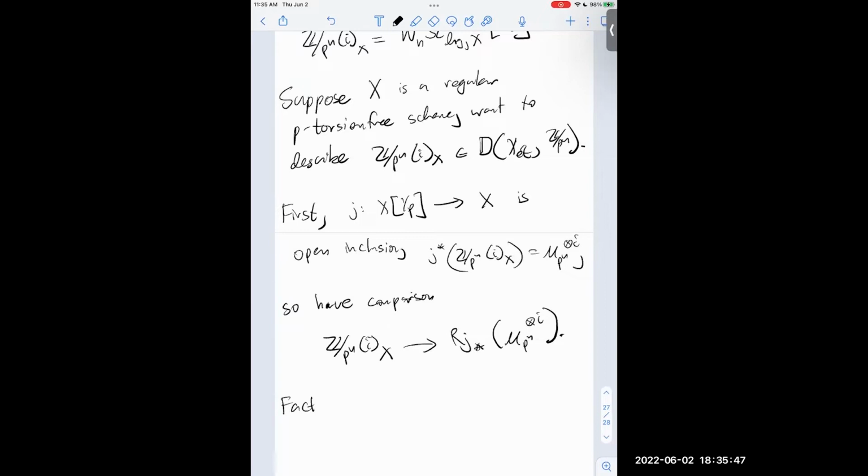And there's the following additional fact, proved in the article with Antieau, Morrow, and Nikolaus: the left-hand side is always in cohomological degrees at most I.